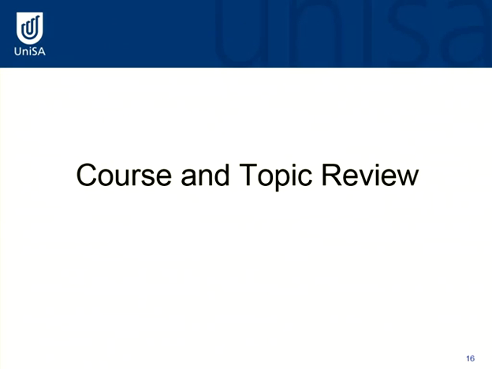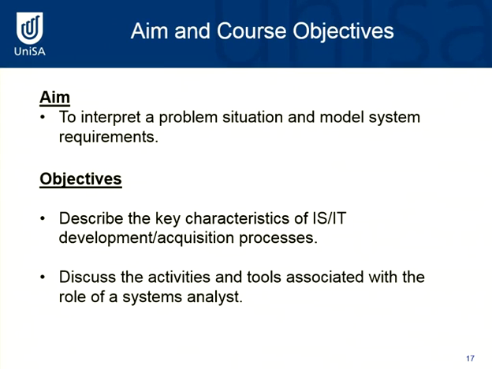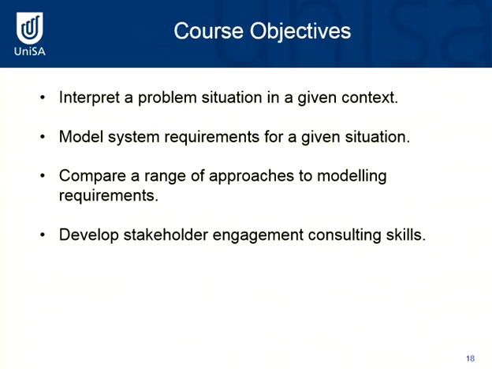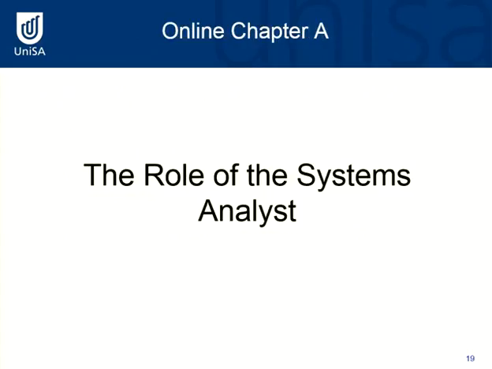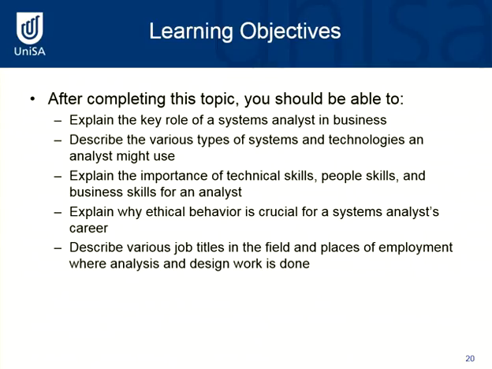So in terms of the course and topic review, what I've basically done here is given you the aim of the course and the objectives. And I've got every chapter that we've covered and a few slides to demonstrate the rough concepts for that particular chapter. And what I've also included is the learning objectives.